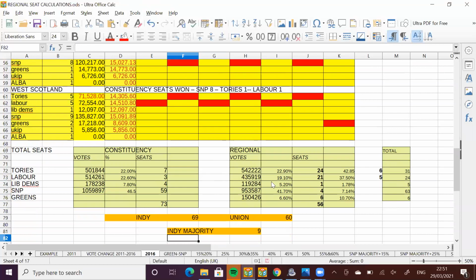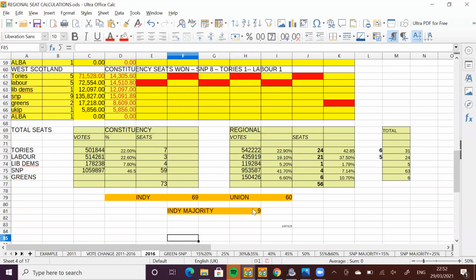So it resulted in the SNP only getting 4 seats, but the Tories getting 24, Labour 21, sorry, and only an Indie majority of 9 seats. So we've heard that both votes SNP, not voting, both votes SNP lost us that.